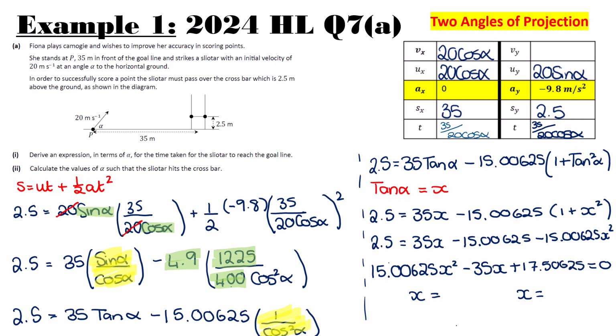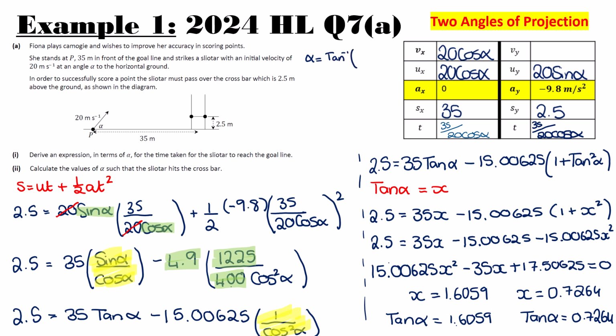So our two answers are 1.6059 and 0.7264. But remember, this is tan alpha is 1.6059 and tan alpha is equal to 0.7264. And that way, if you actually want alpha, we have to do tan inverse of first 1.6059.